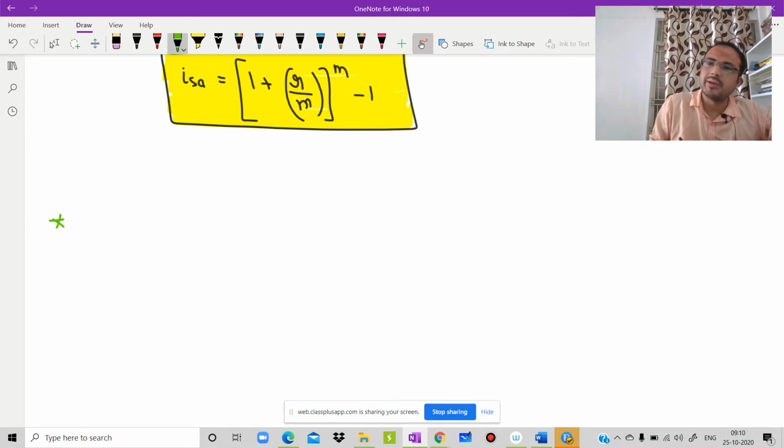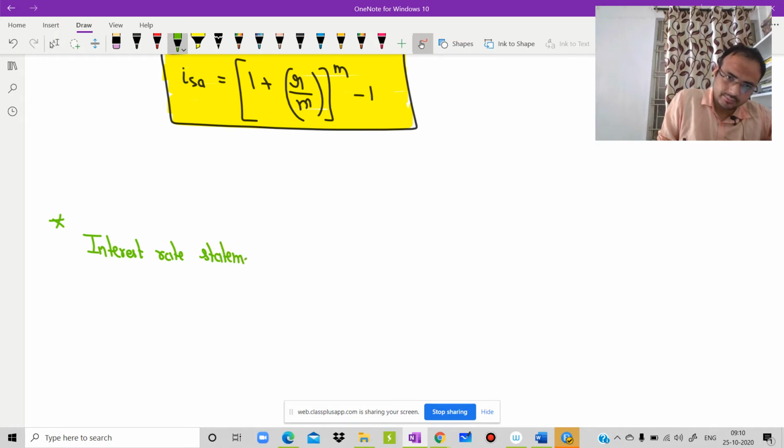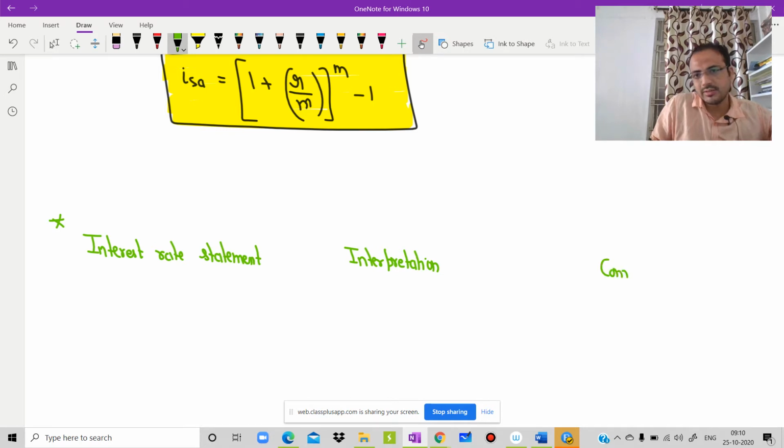I am just giving you some examples for more clarity. Suppose here we have interest rate statement, then interpretation, and then just a comment.